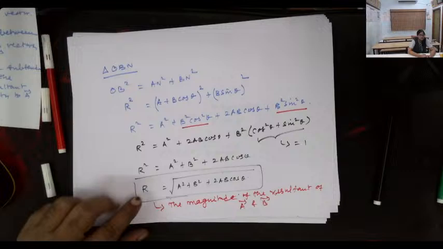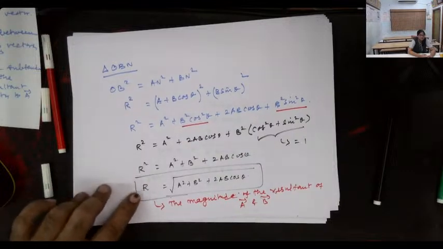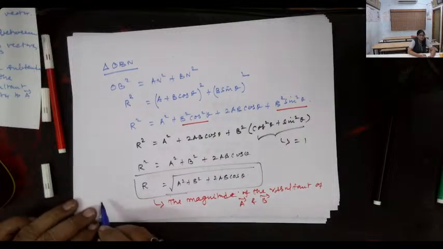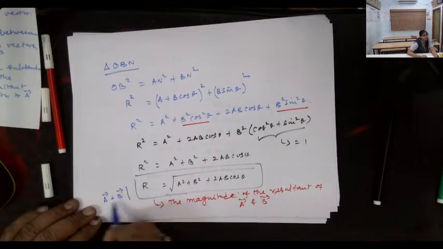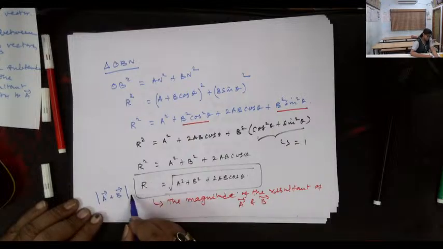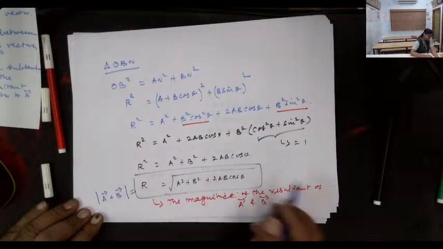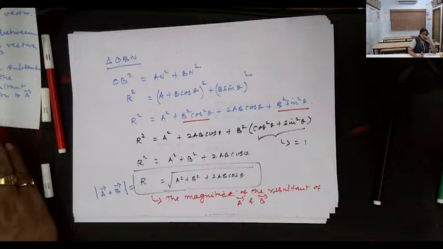And what about the magnitude? That is R. This R we have already seen, the magnitude of A vector plus B vector. Magnitude is represented by the modulus. So this is also equal to R, that is equal to the square root of A squared plus B squared plus 2AB cos theta.